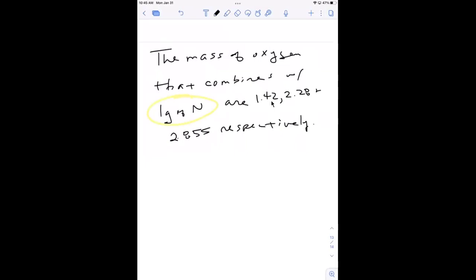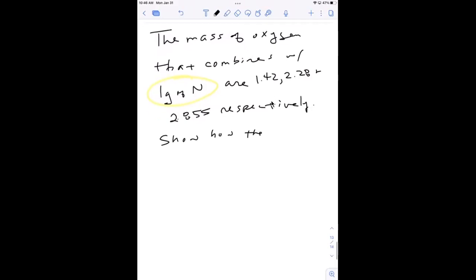So the question now is to show how these data illustrate the law of multiple proportions. In other words, we're going to take these numbers and show whether or not the ratios of the second atom add up to small whole number ratios.